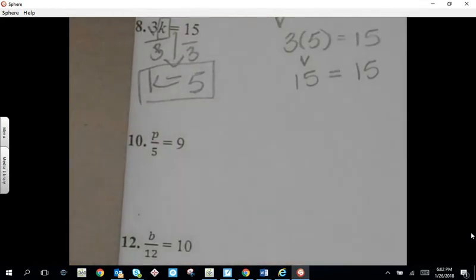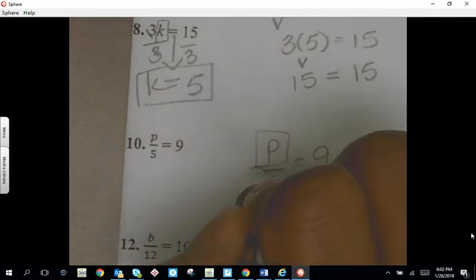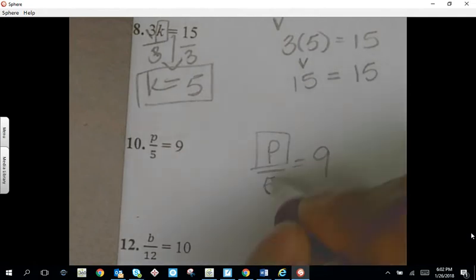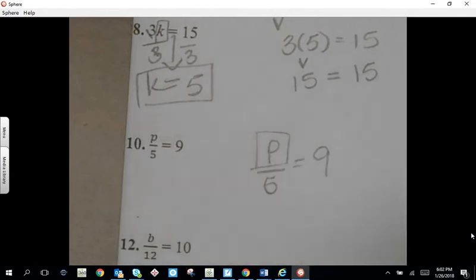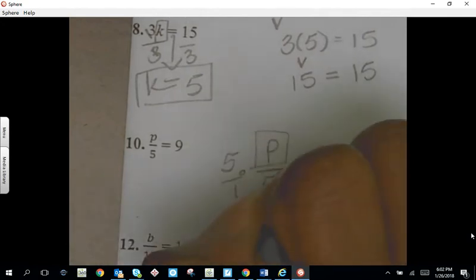All right, let's take a look at this one. So you had P over 5 equals 9. So remember, here's my variable. So since this is a division, I have to do the opposite, which is to multiply. So these 5s are going to cancel.